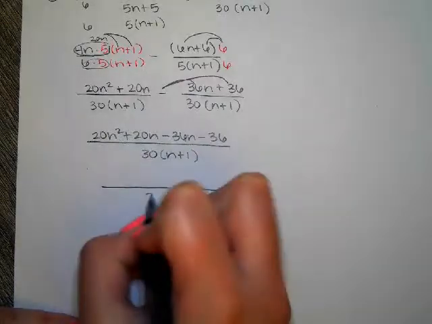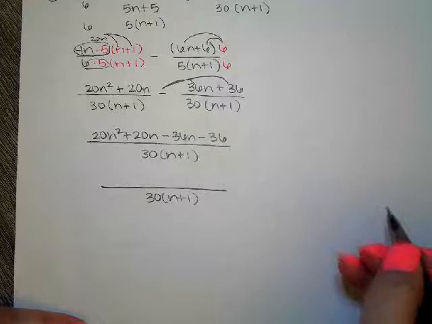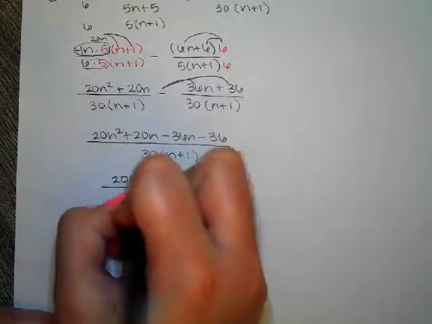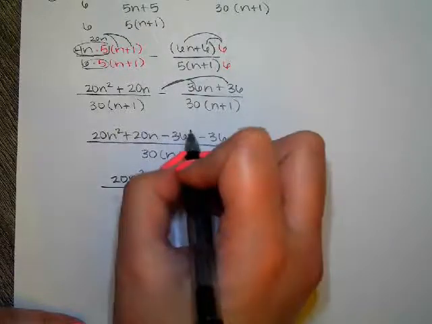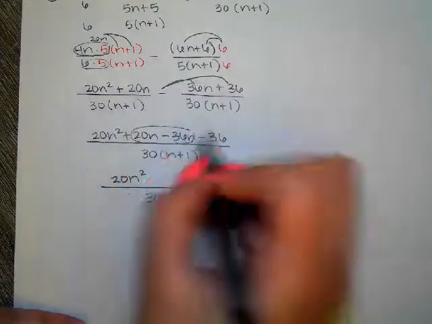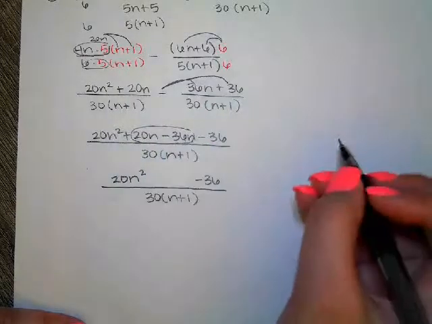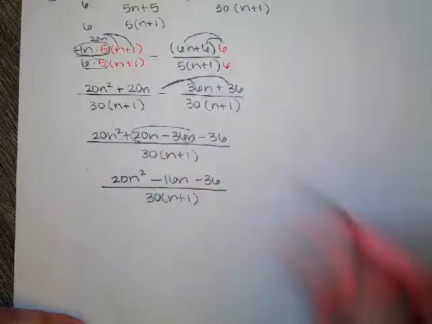All right, now I'm going to combine like terms. So the 20n squared is going to stay, the negative 36 is going to stay. My like terms are the middle. We have a positive 20 and a negative 36. That gives us negative 16n.